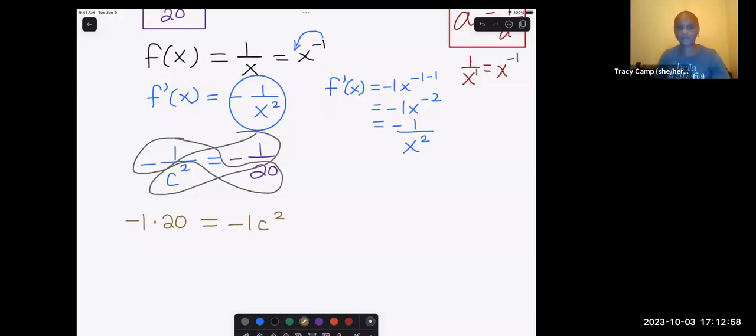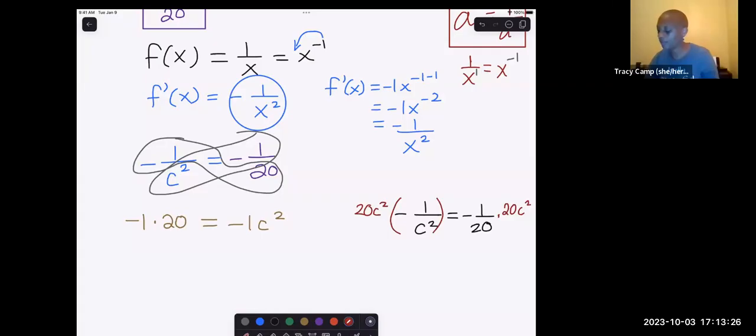Cross multiplying is just a shortcut for that. Here, I'll show you. I just want to make sure you understand how we get that. Anytime you have an equation with fractions, you can get rid of the fractions by multiplying both sides by the denominators.